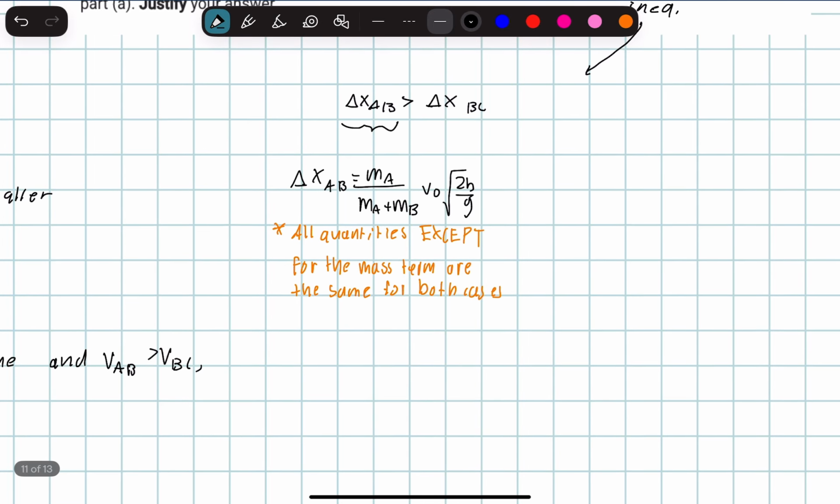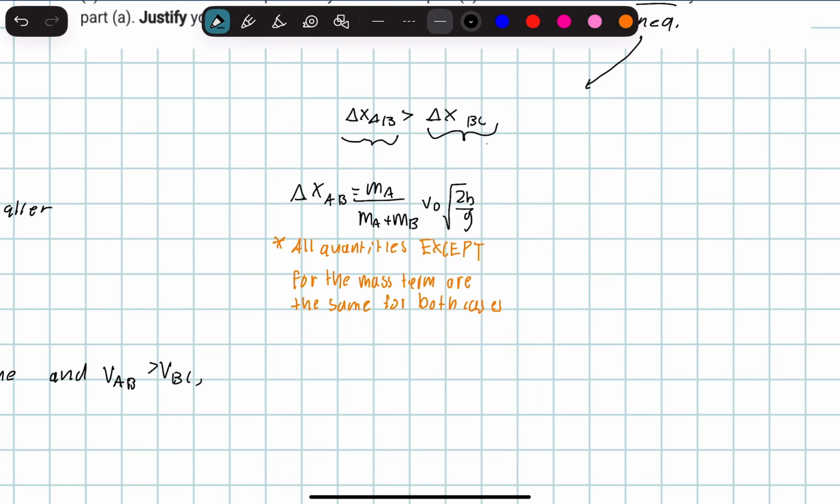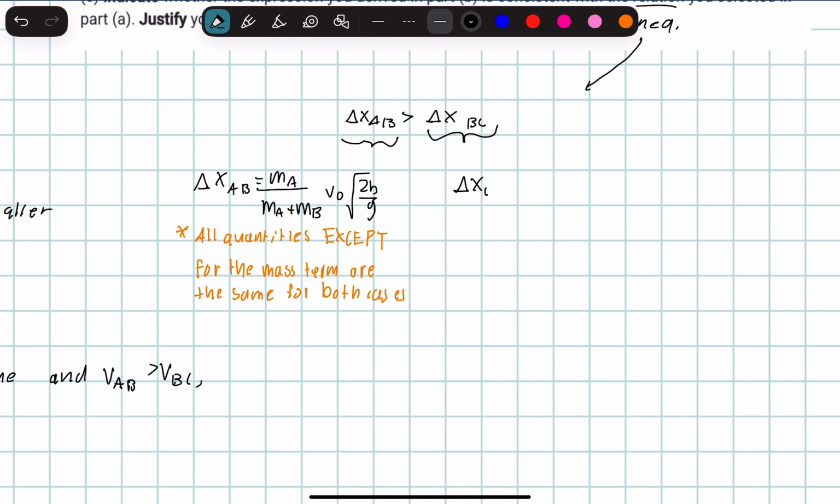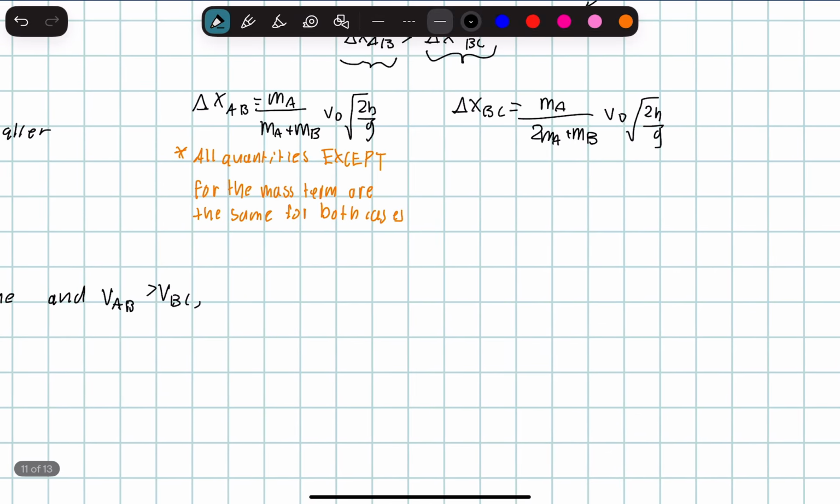Now, the expression for delta x BC was equal to MA over 2MA plus MB times V initial times the root of 2H over G. If we compare these expressions, they have the same factors.